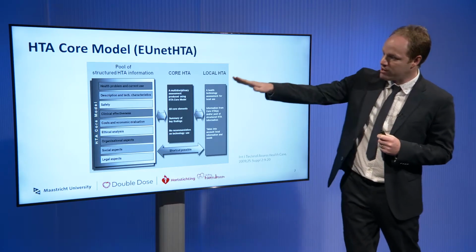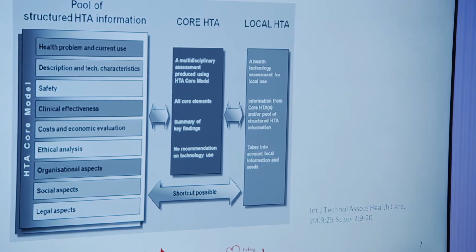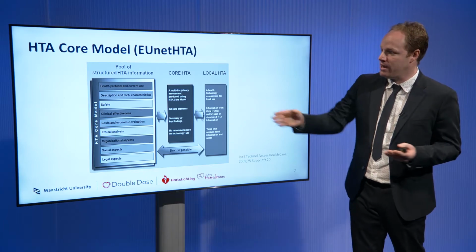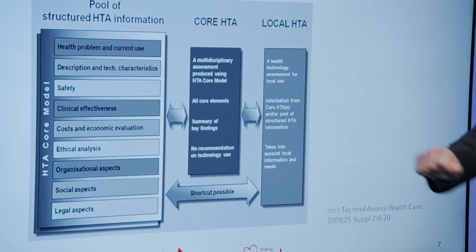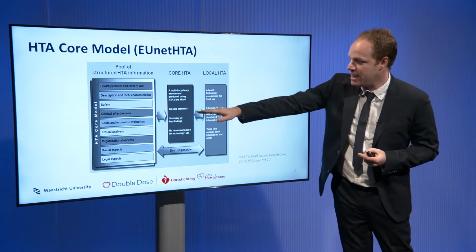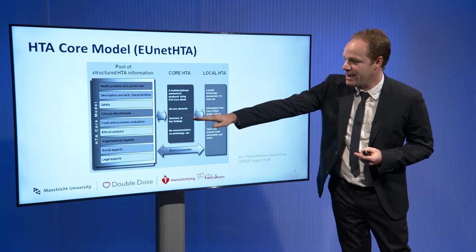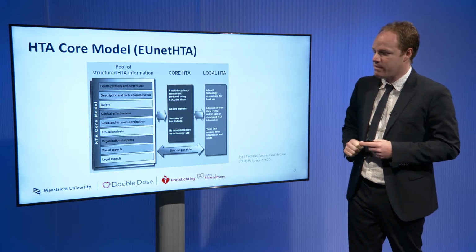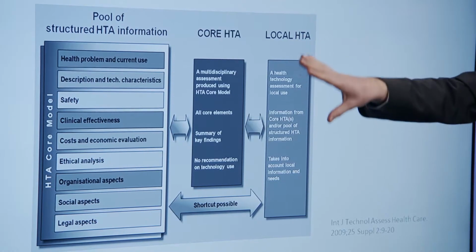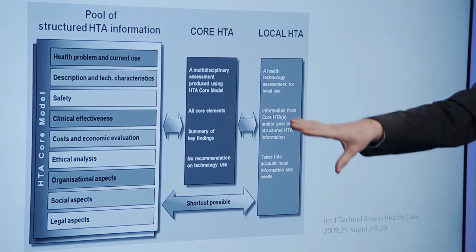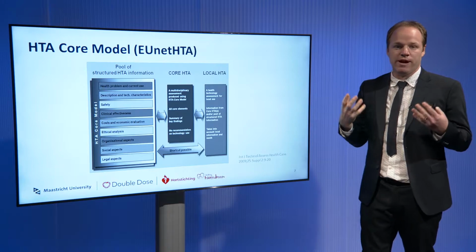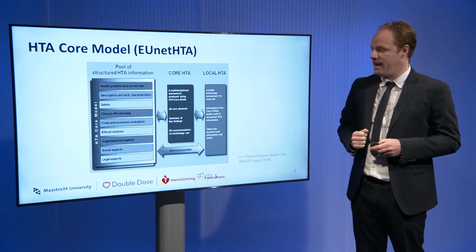In this framework, there are different categories and aspects that are important when assessing a health technology: from the health problem and current use, to the description and technical characteristics, the safety and clinical effectiveness, cost and economic evaluation, ethical analysis, organizational aspects, social aspects, and legal aspects. The Core Model is then an analysis of all of these elements in a multidisciplinary way to provide recommendations on the use of the health technology.